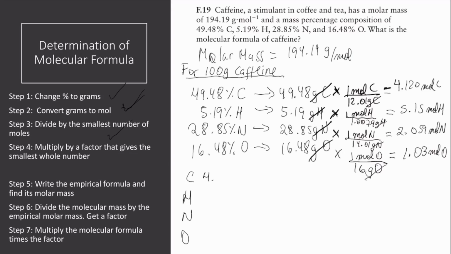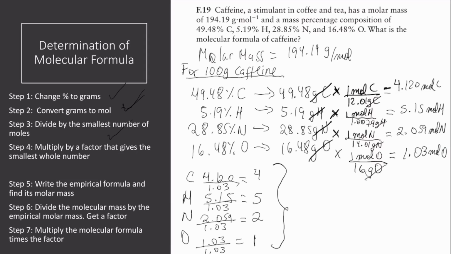Let's write the number of moles that we got for each one of them, and then we divide all of them by 1.03, which is the smallest number of moles. And we get the following numbers: 4 for carbon, 5 for hydrogen, 2 for nitrogen, and 1 for oxygen.